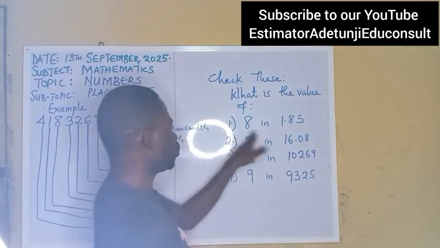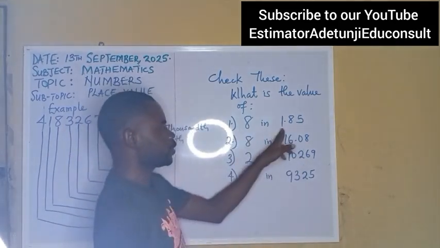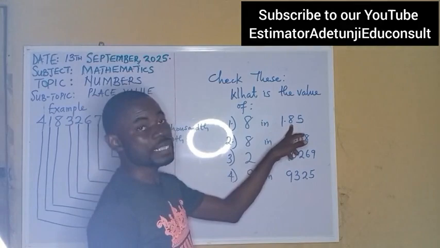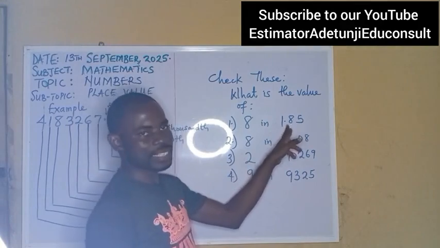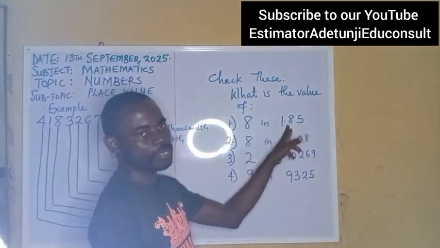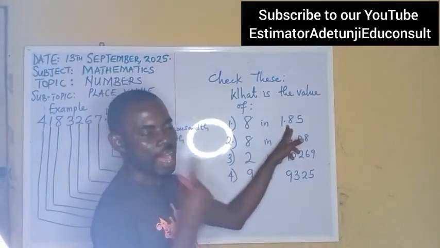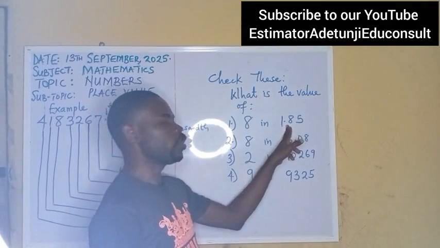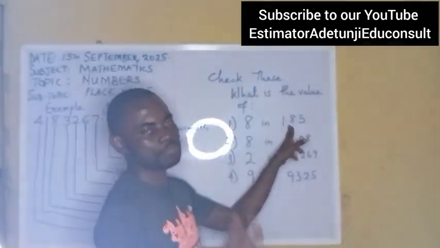All right, the position of 8 in 1.85. We have seen that this 8 is the first number after the decimal point, and we know that the first number after the decimal point is what we refer to as the tenths position value.